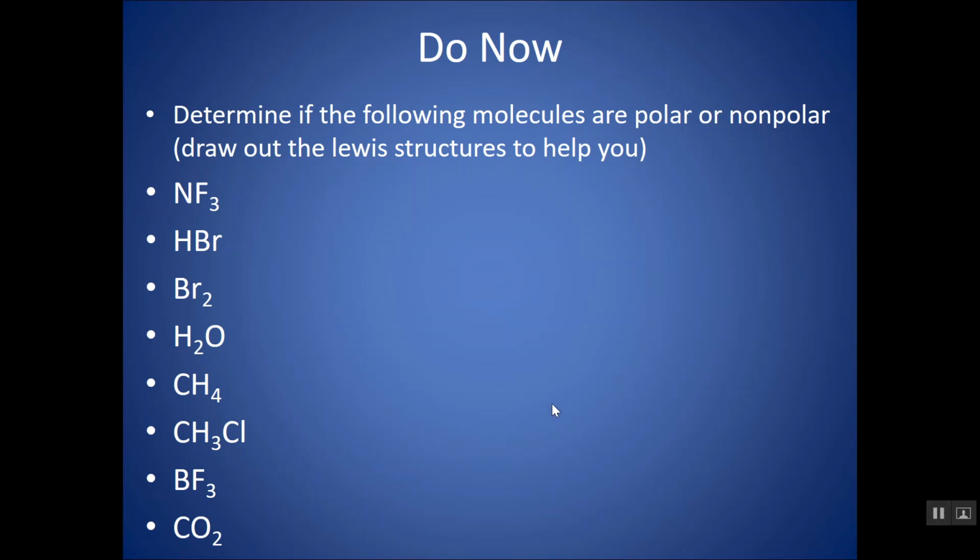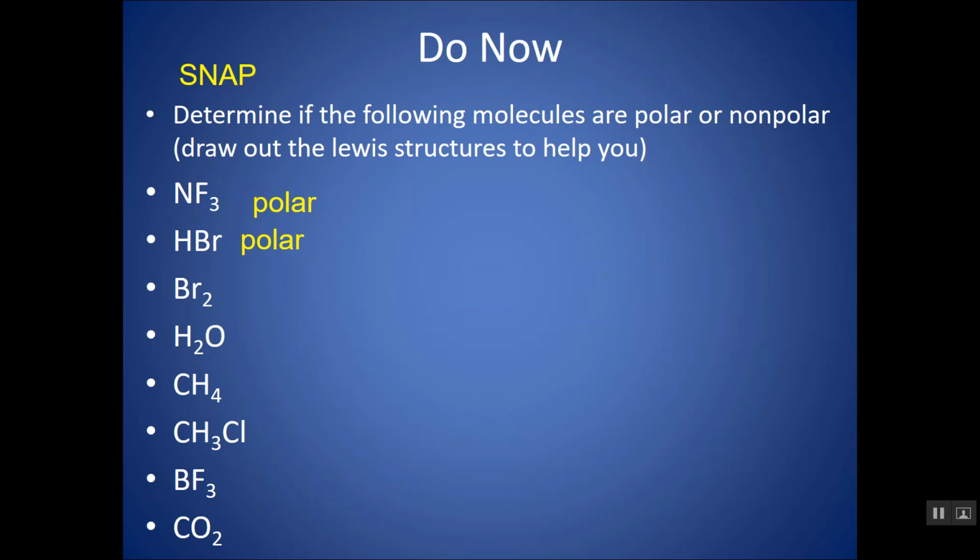So for this first one, NF3, think of it this way: symmetrical molecules are nonpolar, asymmetrical molecules are polar. NF3 is asymmetrical, it's trigonal pyramidal, so that's a polar molecule. HBr has a linear shape, but it's asymmetrical. There's an H on one side, a Br on the other.